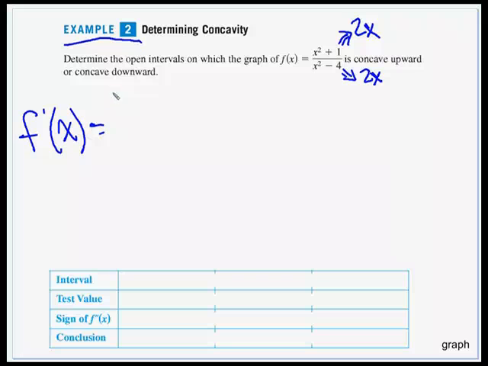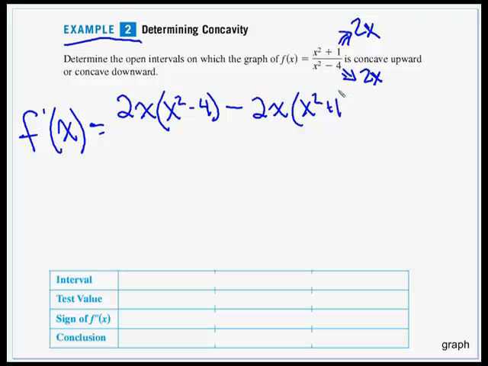So low d high, we're going to have 2x times our denominator function, x squared minus 4. Low d high minus high d low, 2x times the upper function, all over low low, x squared minus 4, that quantity squared.